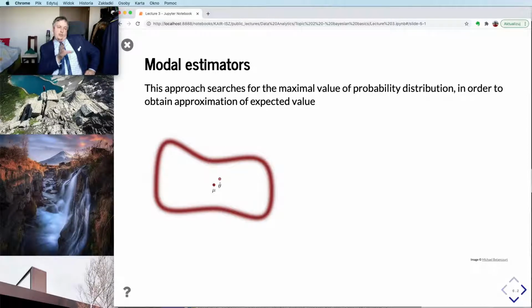And in a situation when we have a lot of centrality in our distribution, it is kind of normal-like, then the mode and expectation coincide. And if they coincide, then our maximum is very close to the value that we are actually interested in. And this is a profit.